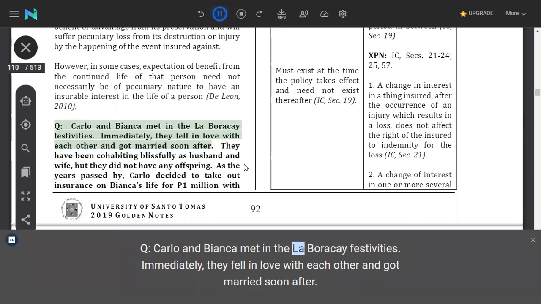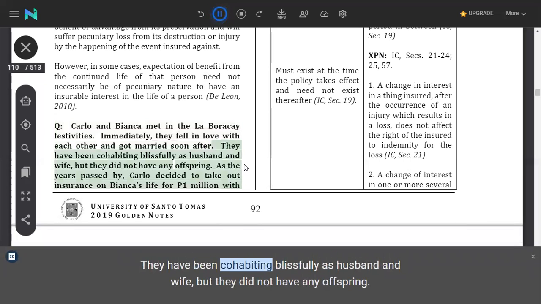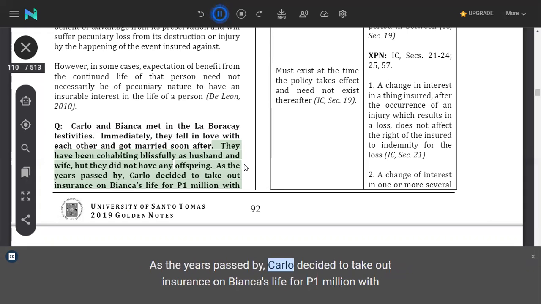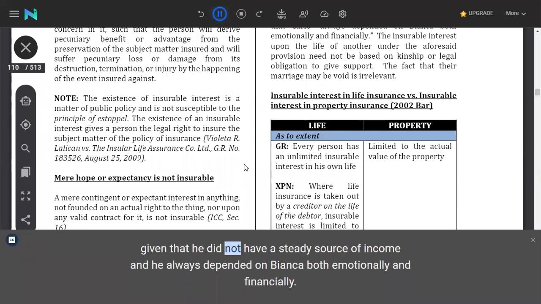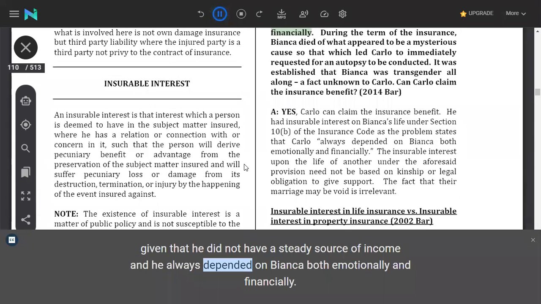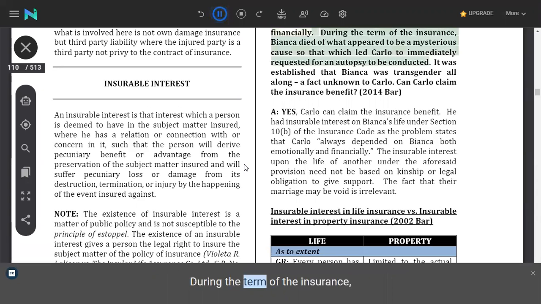Q. Carlo and Bianca met in the La Boracay festivities. Immediately, they fell in love with each other and got married soon after. They have been cohabiting blissfully as husband and wife, but they did not have any offspring. As the years passed by, Carlo decided to take out insurance on Bianca's life for $1 million with him as sole beneficiary, given that he did not have a steady source of income and he always depended on Bianca both emotionally and financially.